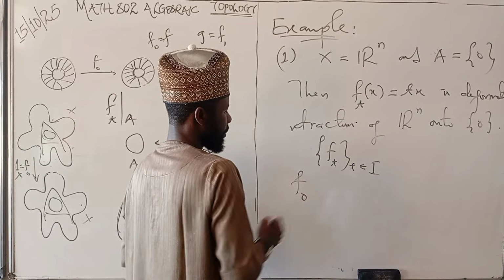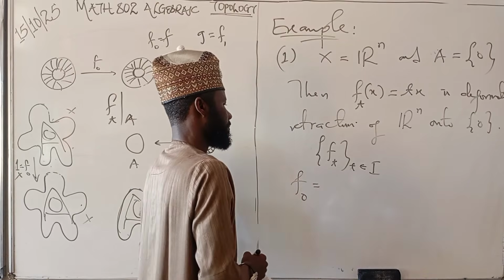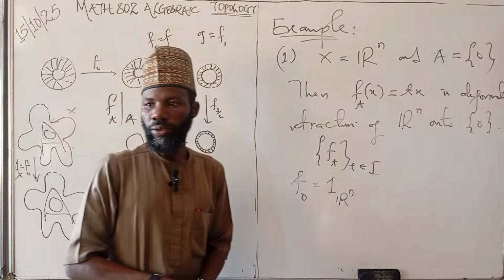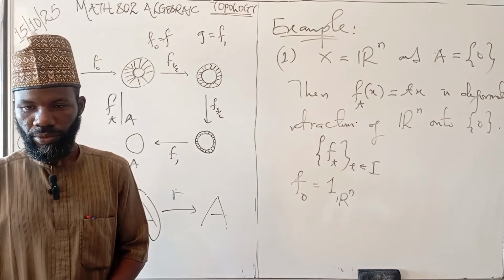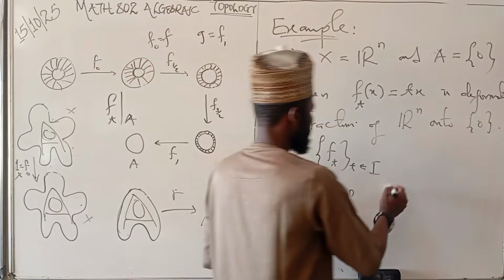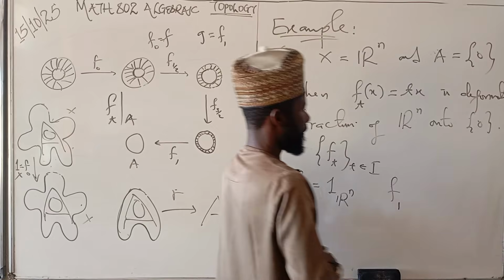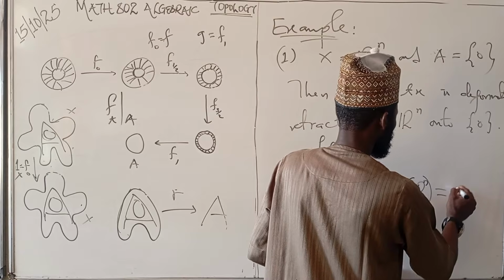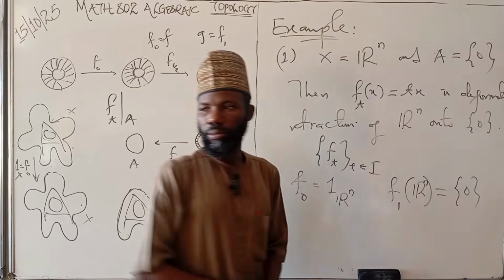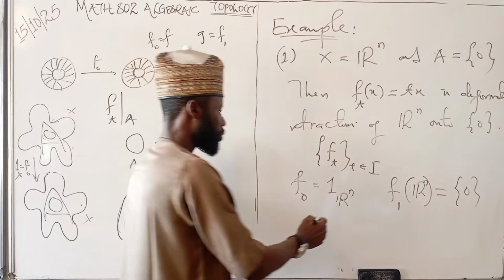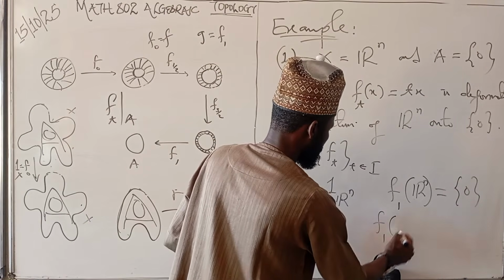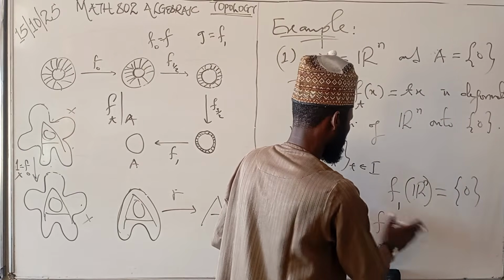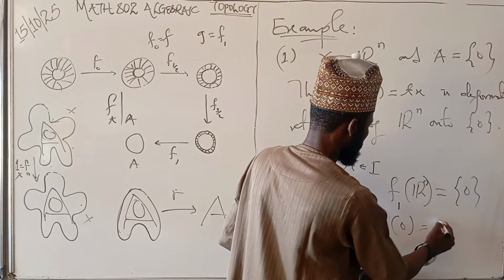So what is F0? F0 should be the identity on the space. Okay? And the F1 should map everything, the entire space, to what? To 0, my subset A. And it should also be the case that F1 of 0 should be equal to 0.